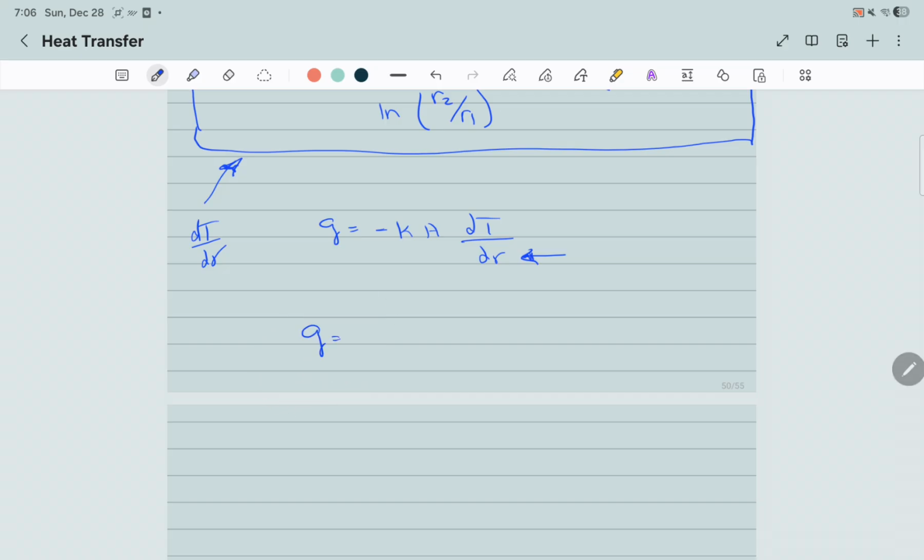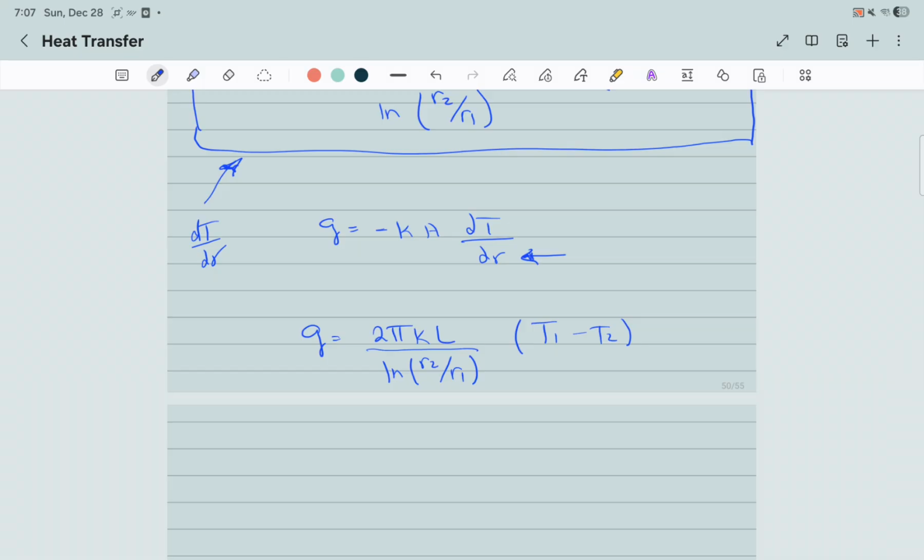Q equals 2 pi K L over ln(R2 over R1) times (T1 minus T2). Okay?